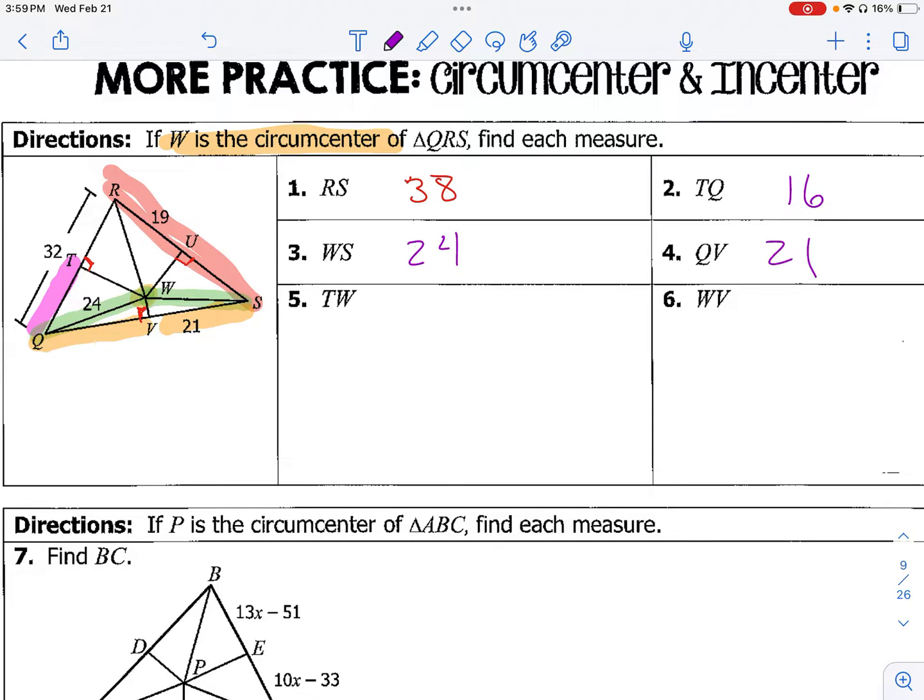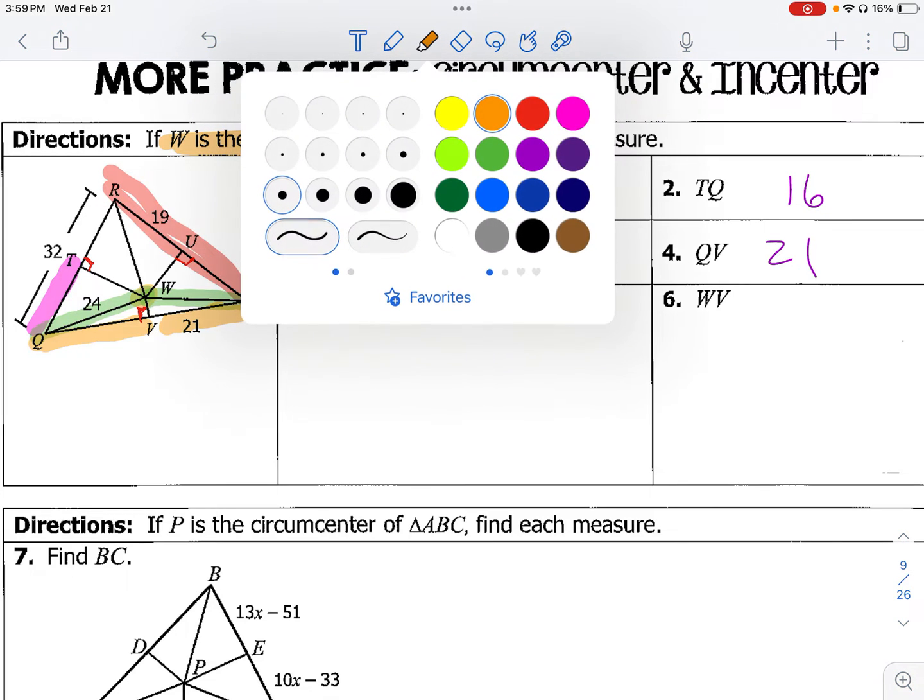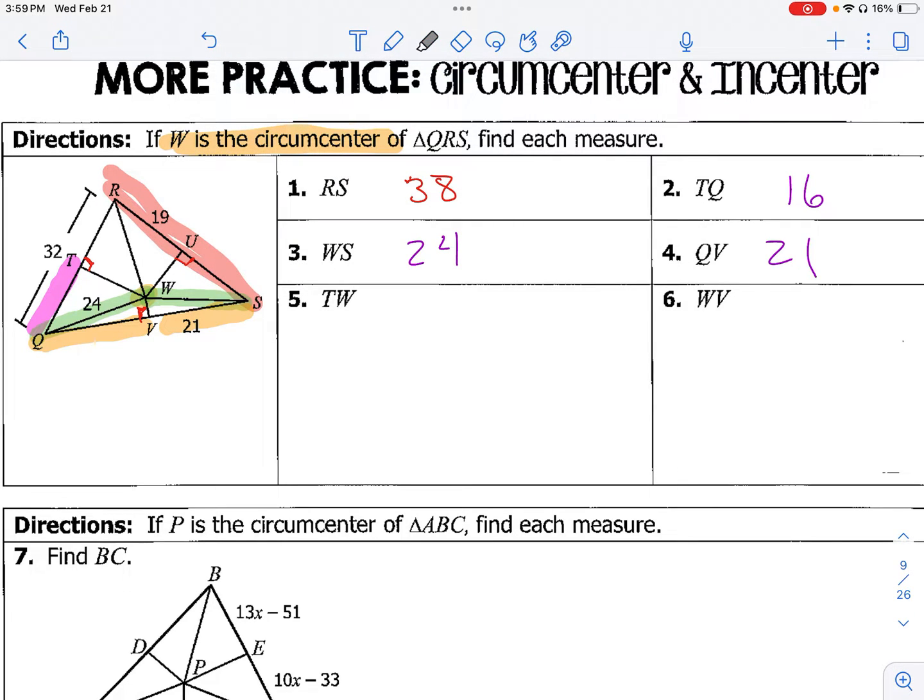TW, well, TW is right here. We don't know TW, but we do know that QT is 16.